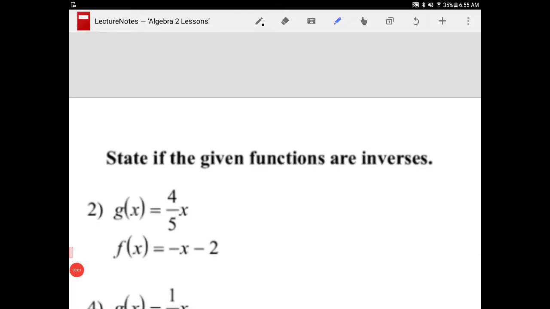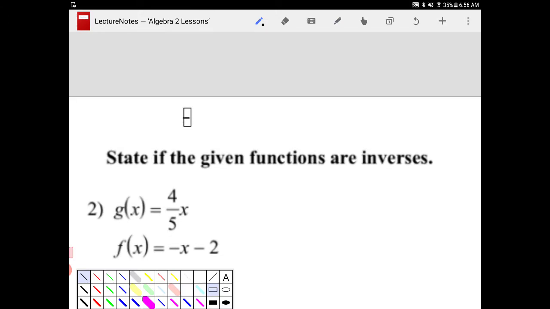Students, in this video, I am going to go through some exercises with you guys on testing whether or not two functions are indeed inverses of one another. Having gone through the last video on a lesson on doing just that, the theory was if you take two functions that you understand to be inverses of one another and perform the composition of those two functions together, what you will get is the identity.